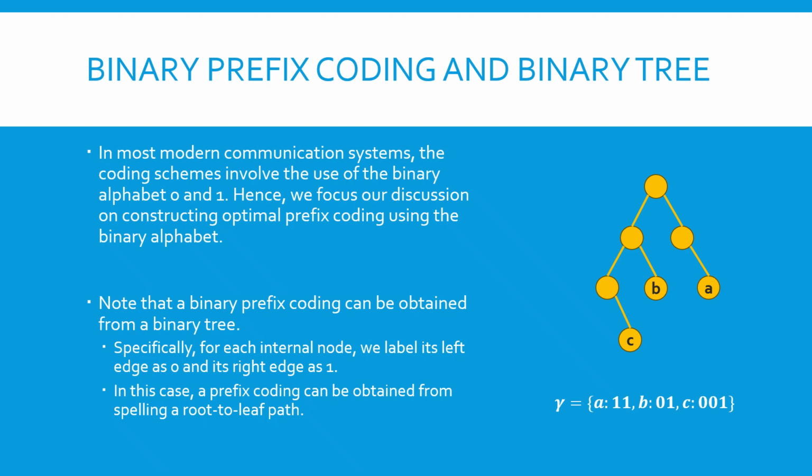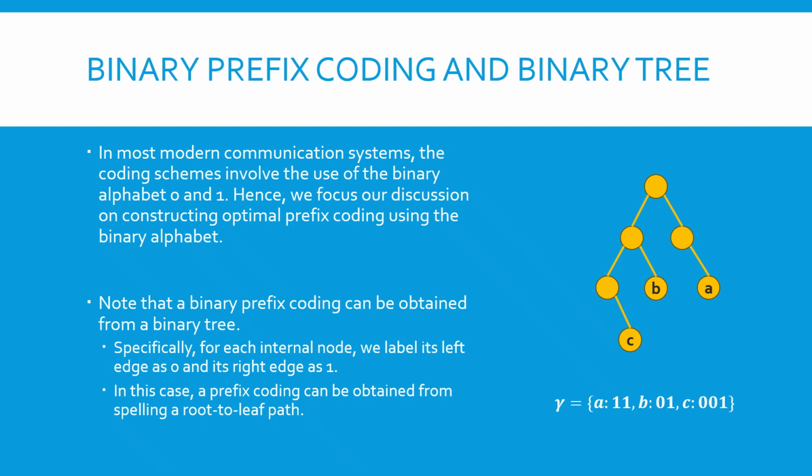A binary prefix code can be naturally represented using a binary tree. In this representation, each internal node has two outgoing edges. The left edge is labeled 0, and the right edge is labeled 1. The leaf nodes are labeled with characters from the target alphabet.